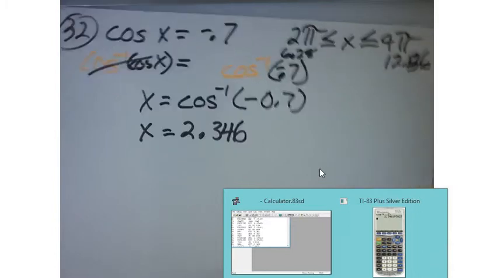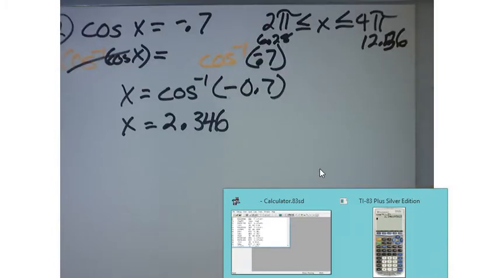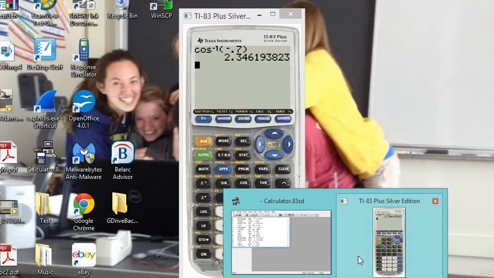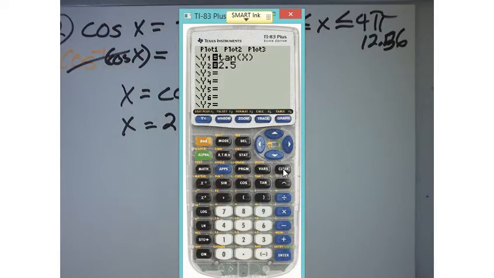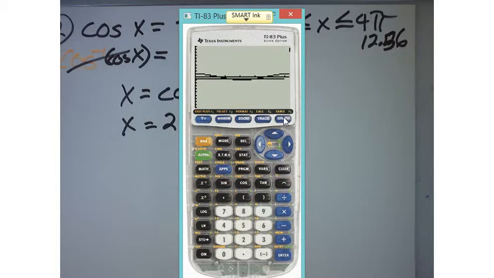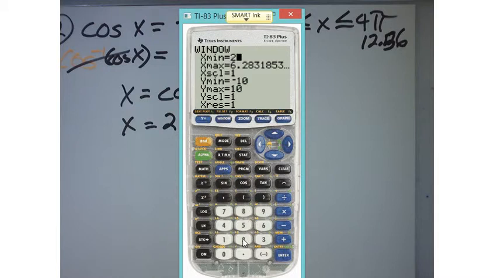So let's look at the graph. What we're going to have to do is change this to cosine of x, and then change this to negative 0.7, and when I graph that, there's a whole bunch of intersections, so I'm going to change my window from 2 pi to 4 times pi.